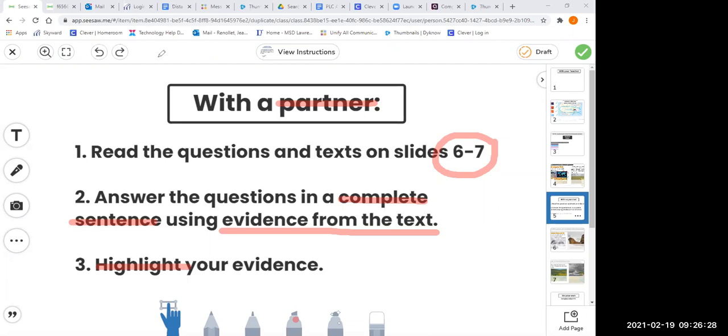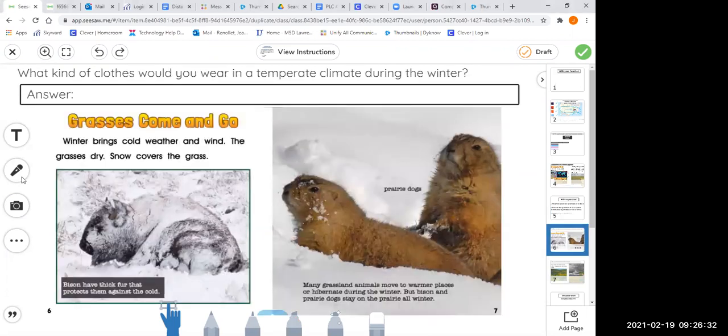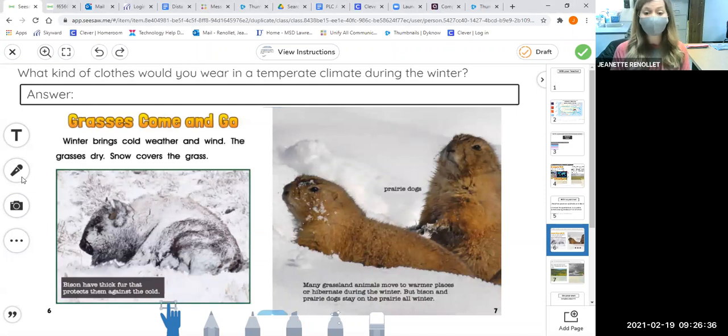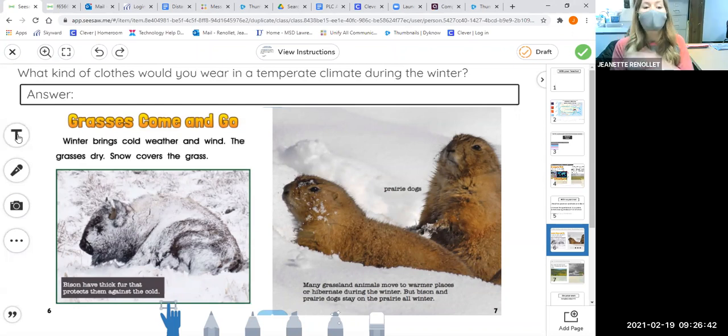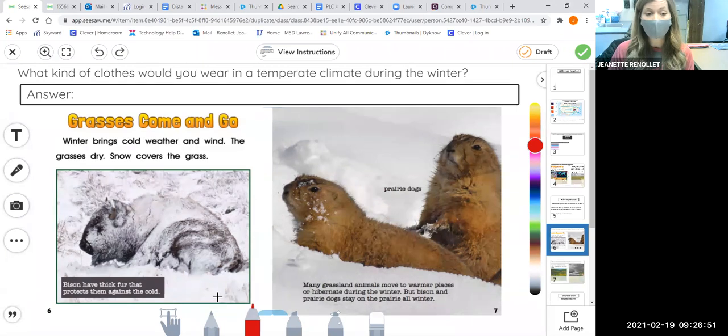Join me by clicking on slide number 6, please. Remember when we looked up winter in Kentucky? We know that a temperate region can have very cold winters with lots of precipitation. Your first job in your breakout room is to read this page, page number 6.